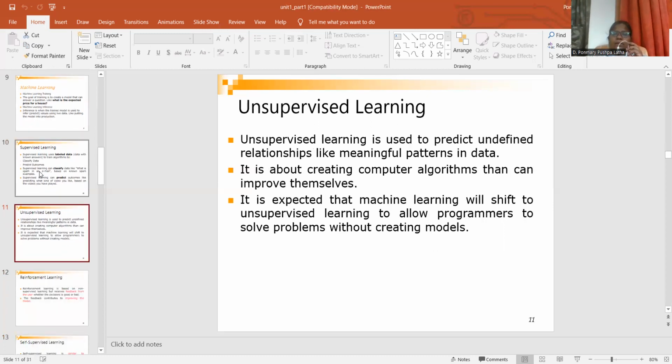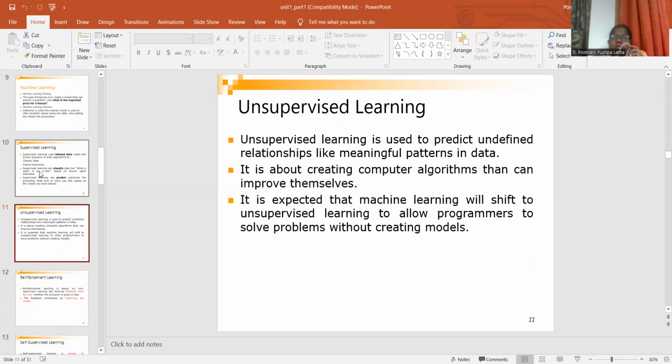What is unsupervised learning? Okay. As I have already told you, in unknown data, a set of data will be there, and you are going to find out the patterns.